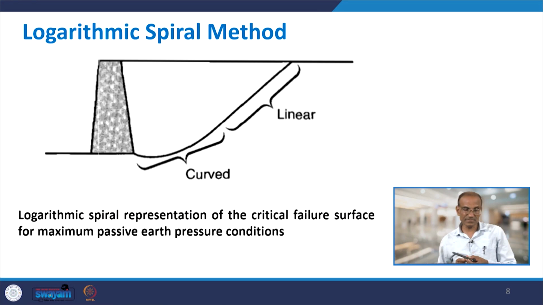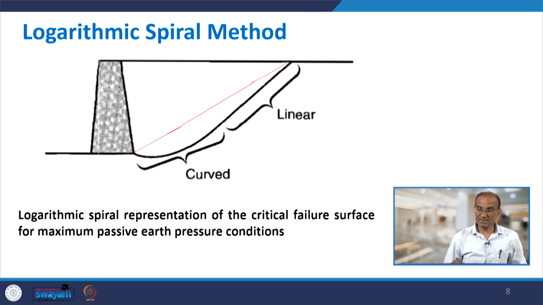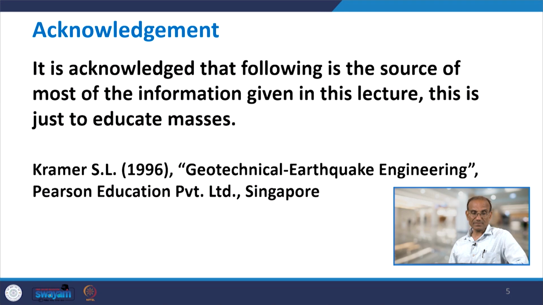That means we have assumed a straight line, if you recall that. However, here it is assumed to be a curve, with a logarithmic spiral curve initially, and then a straight line. So, this is the basic difference between the logarithmic spiral method and other methods.